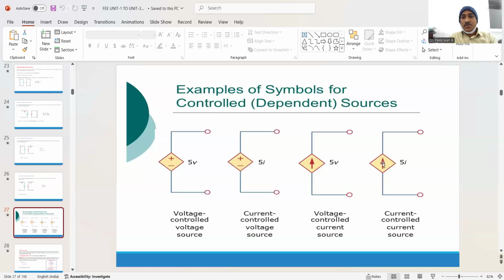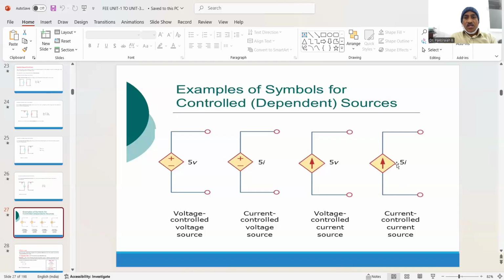Here also you can see a rhombus or diamond shape, dependent, arrow indication is a current source, dependent current source depending on some additional parameter, 5I. So current dependent current source or current controlled current source.